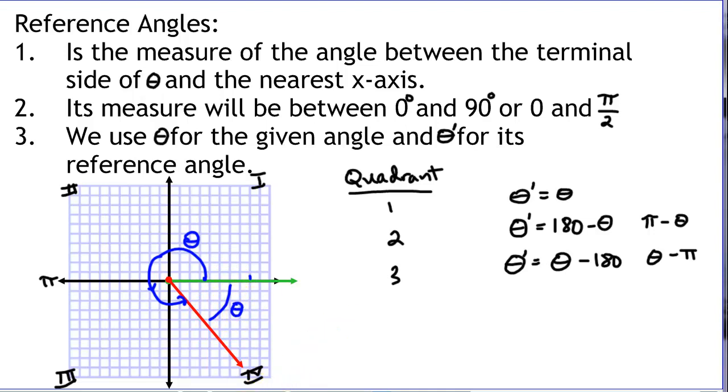To come up with a formula in the fourth quadrant, to get all the way around here, we've gone 360, and we would have to subtract this from 360. So our theta prime is going to be 360 minus theta, or 2 pi minus theta, because all the way around to here would be 2 pi.